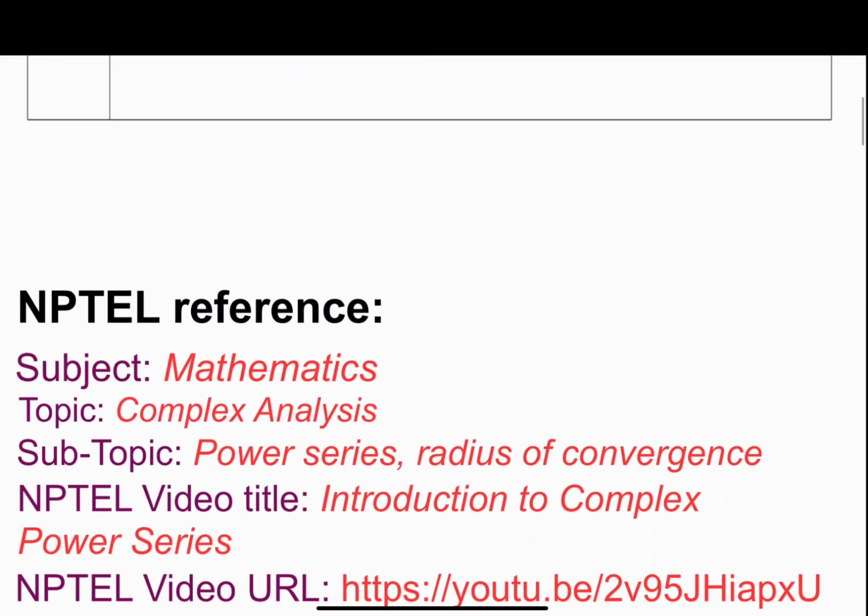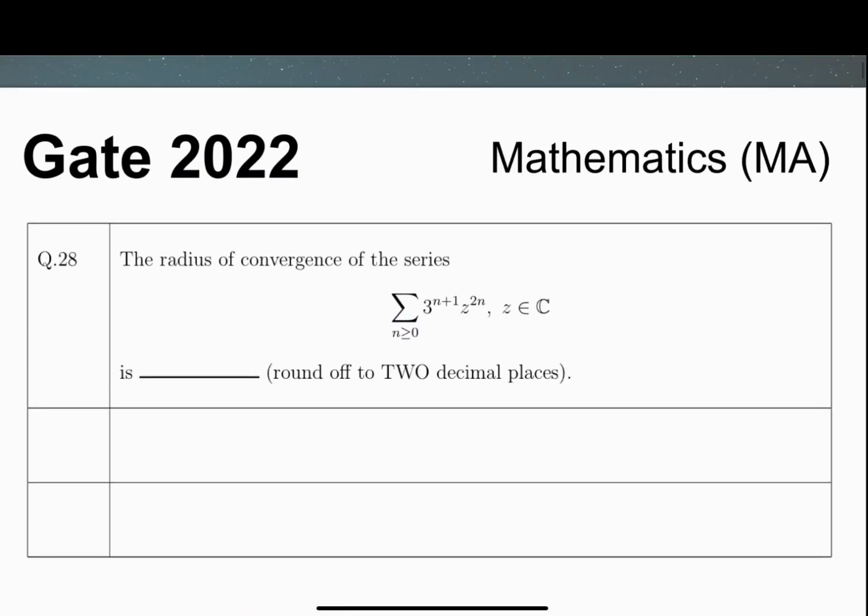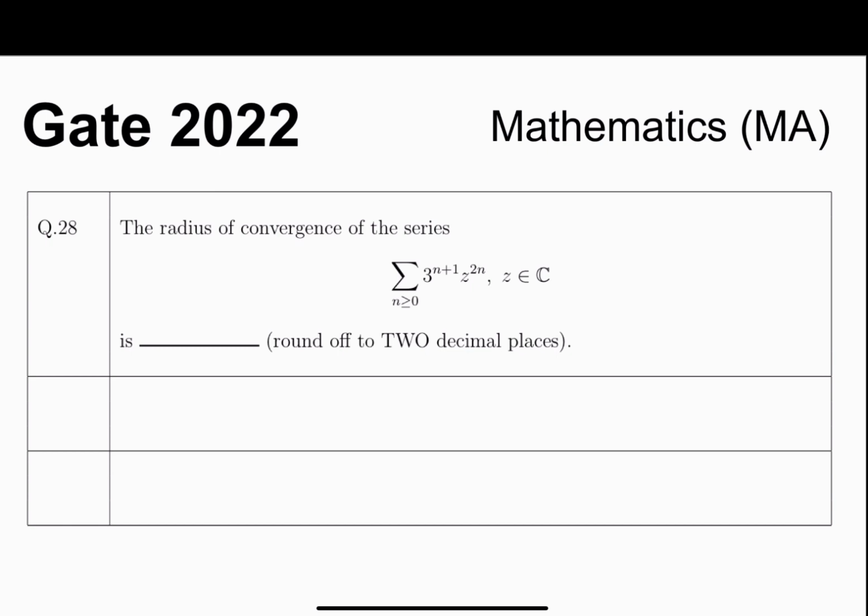Okay, so in order to solve this, this is the NPTEL reference. Let's try to solve this one. The series given is the sum over n bigger than 0 of 3 to the power n plus 1, z to the power 2n, where z belongs to the complex numbers.